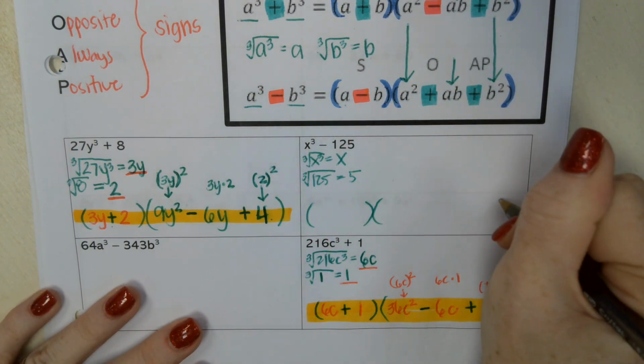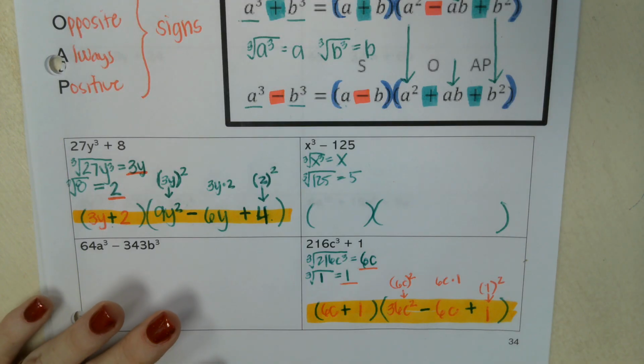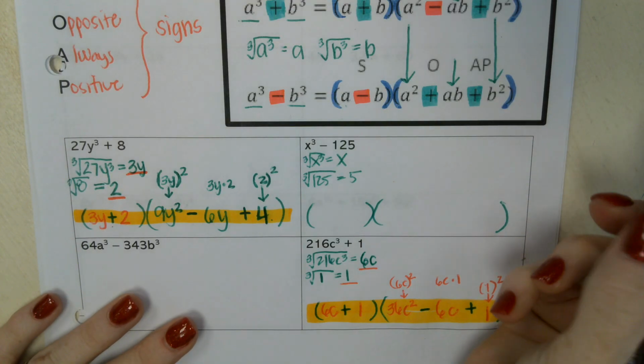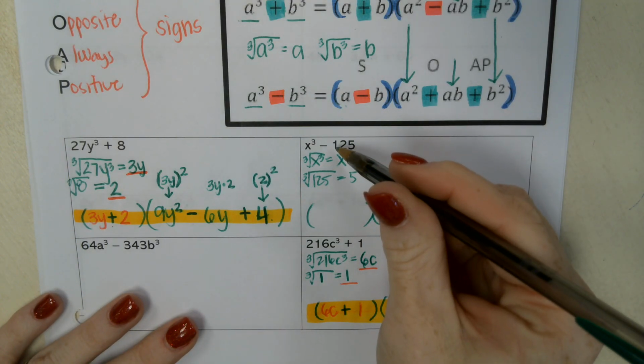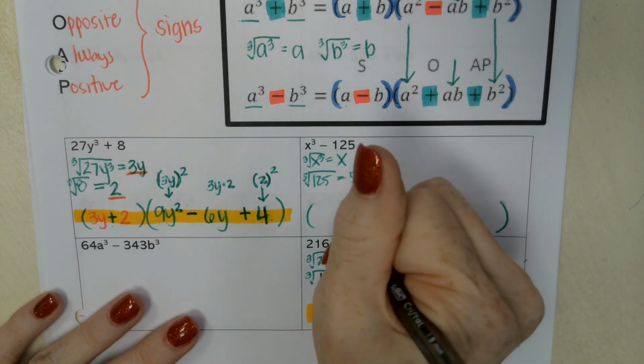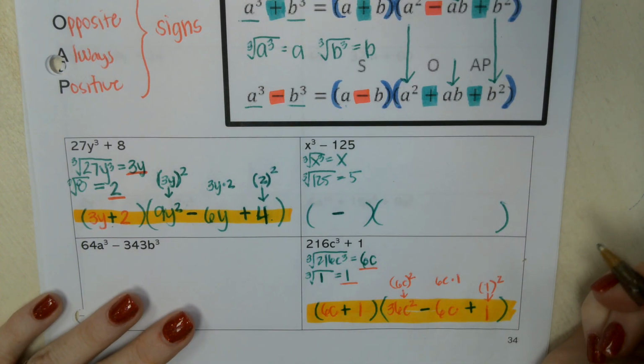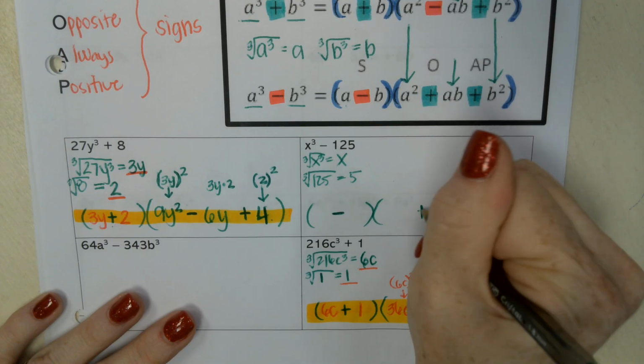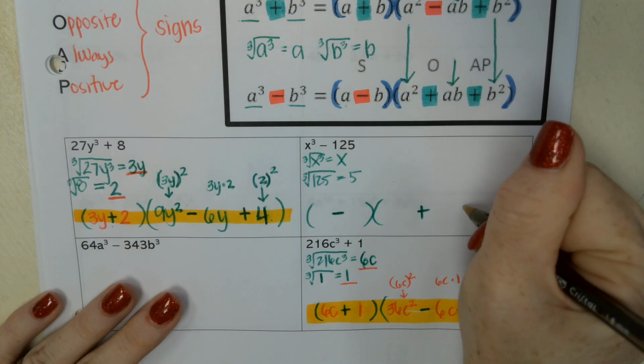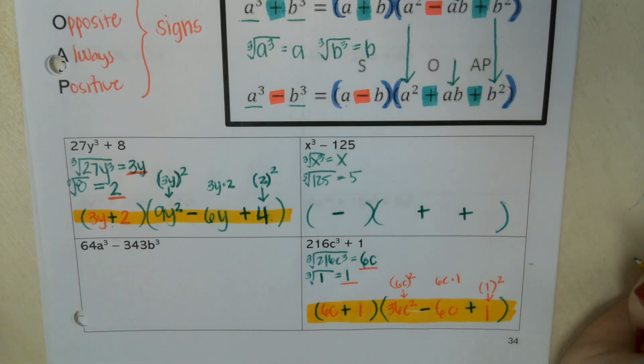Short set, long set. Now, because this was a difference of cubes, my same sign is going to be subtraction. The opposite will be addition. And in the back, it's always positive.